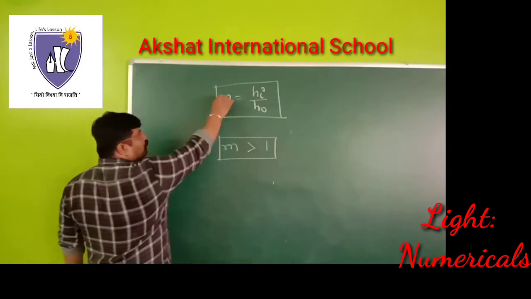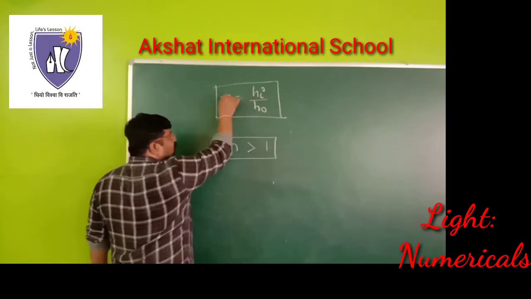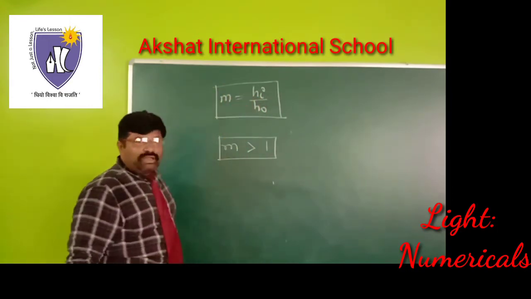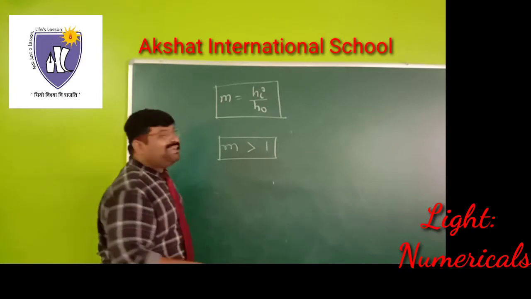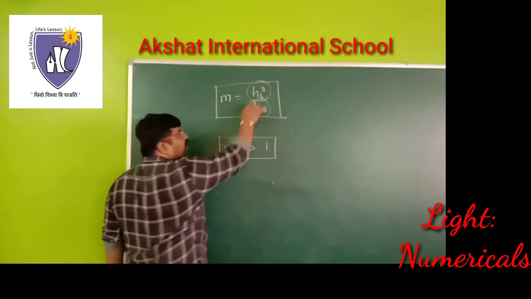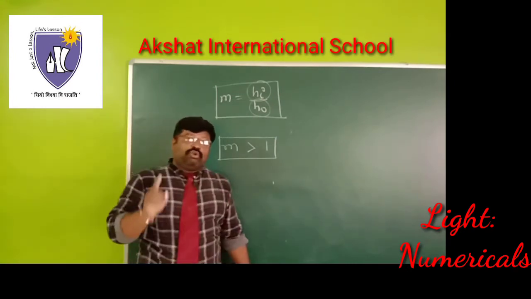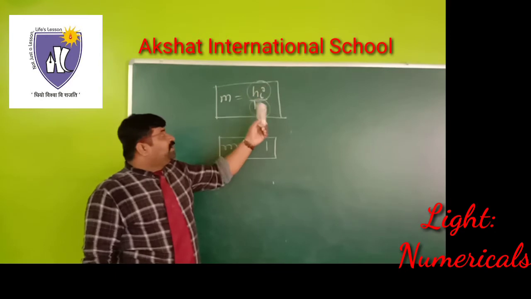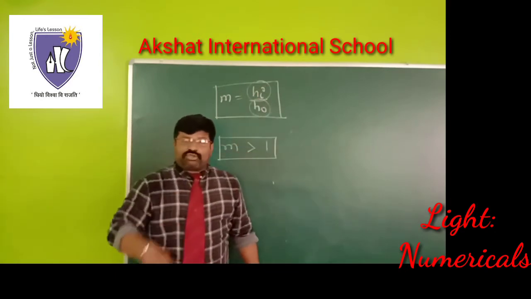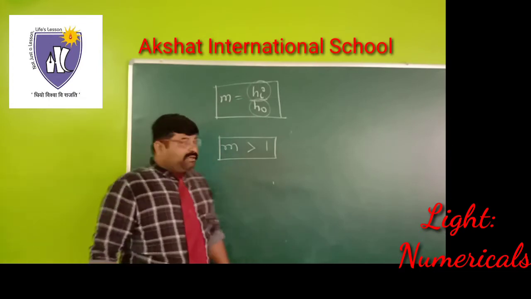Now this ratio, m is hi by ho. This will be greater than 1 only and only in one condition, when the numerator is greater than the denominator. If the numerator is greater than the denominator, the overall fraction will be greater than 1. We know that, isn't it?